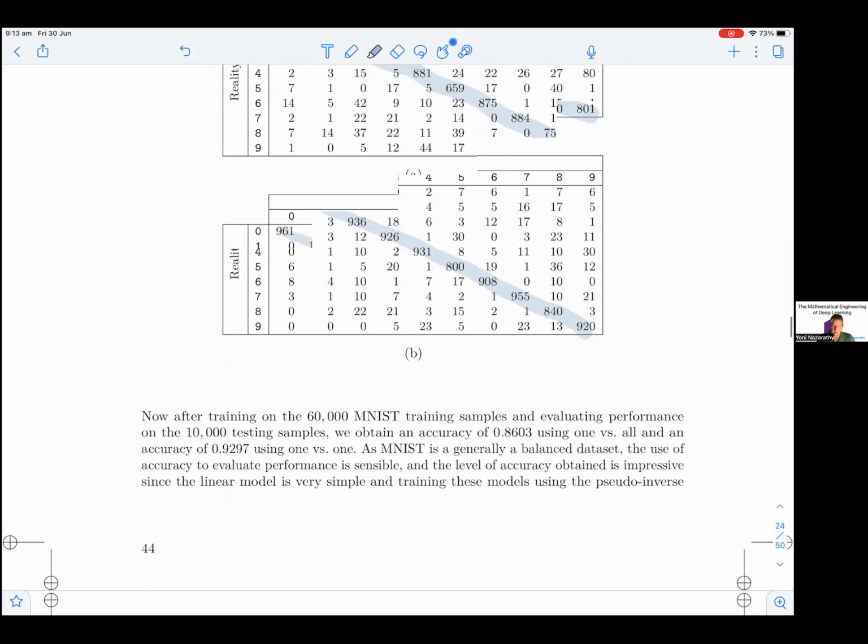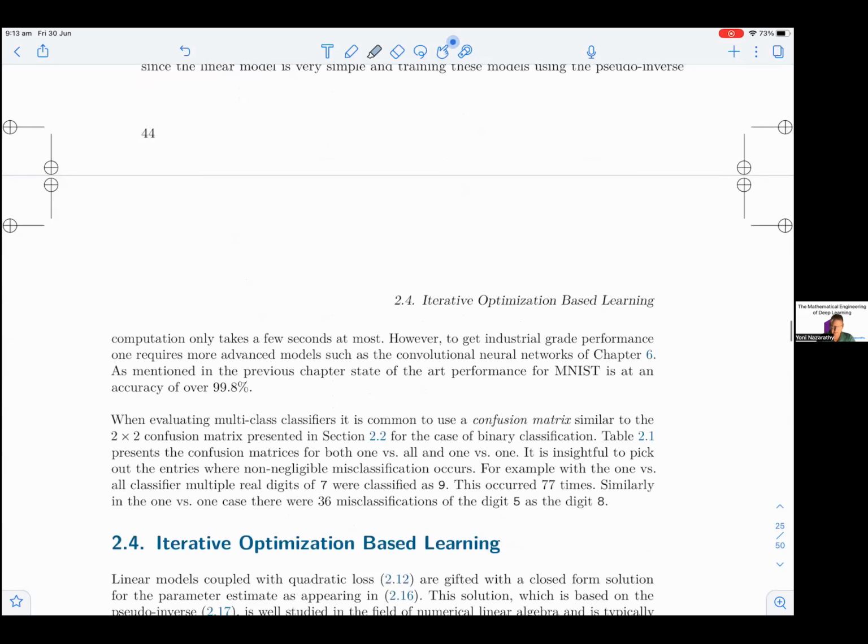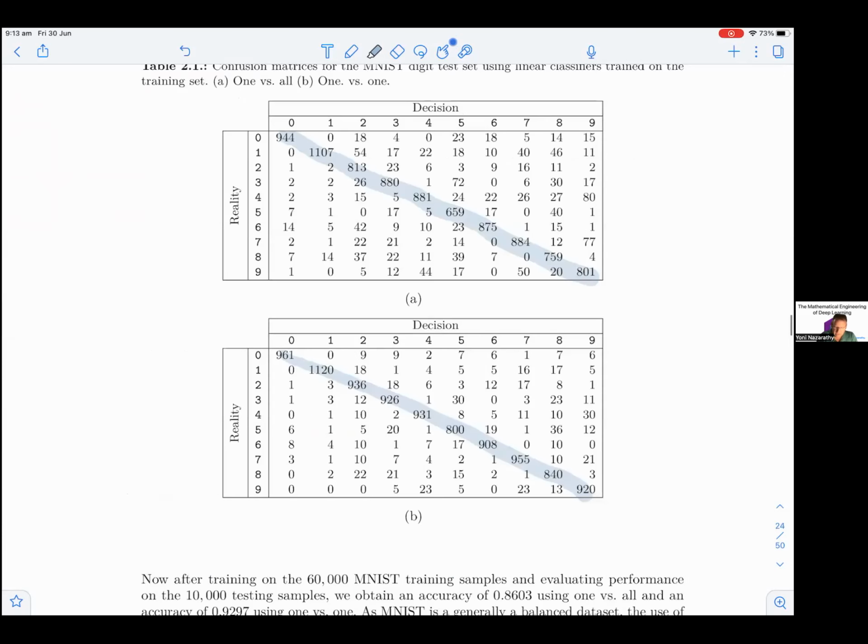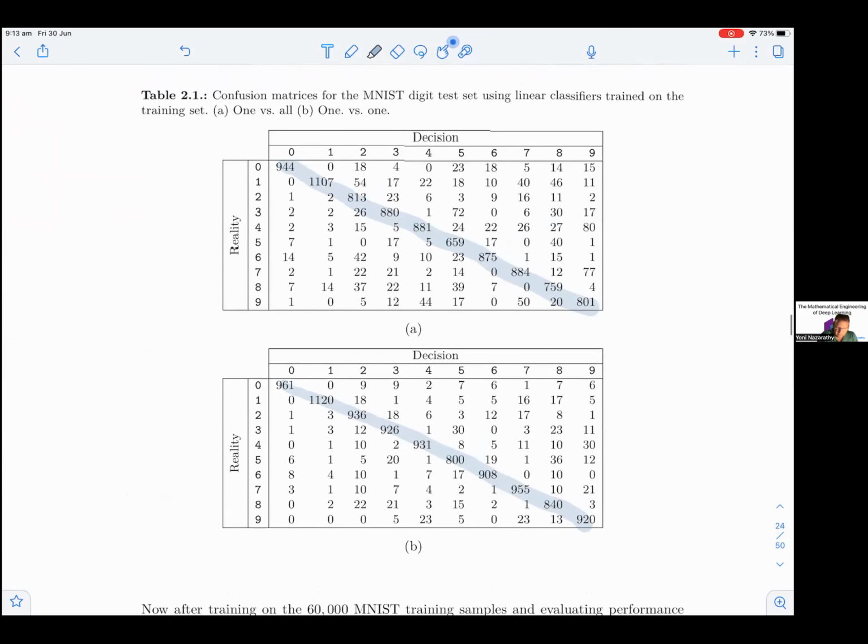For example, with the 1 versus all, the real digit 7 classified as 9. So there are 77 cases like that. And this is an indication that we need to be careful that 7s are often classified as 9.